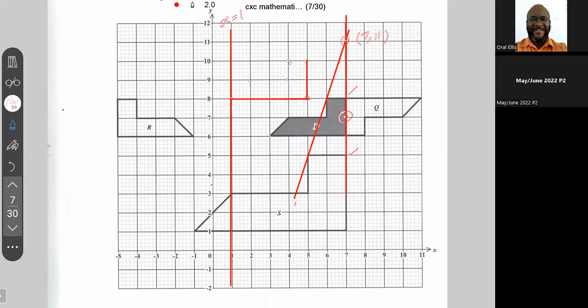All right, so we're just drawing back this shape after a translation of 2 units to the left and 3 units vertically upwards.